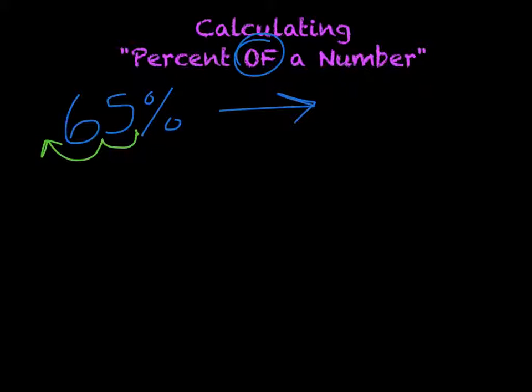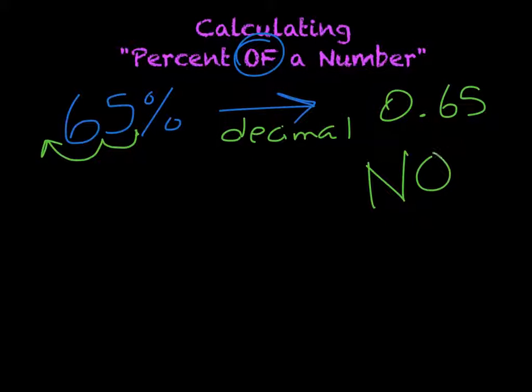So 65% into decimal form equals 0.65. I did not just calculate the percent of a number. All I did was change it into decimal form.